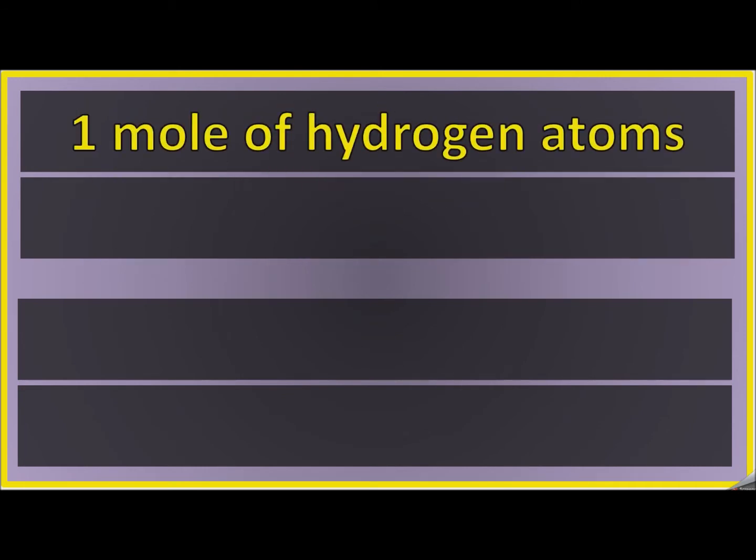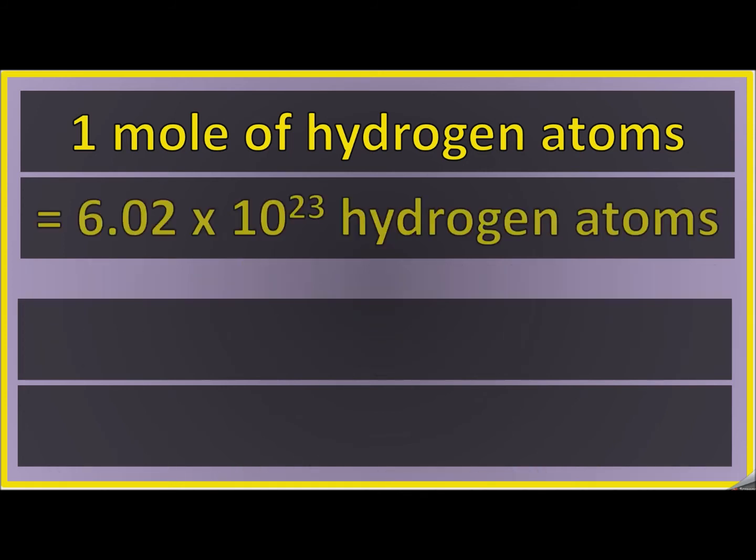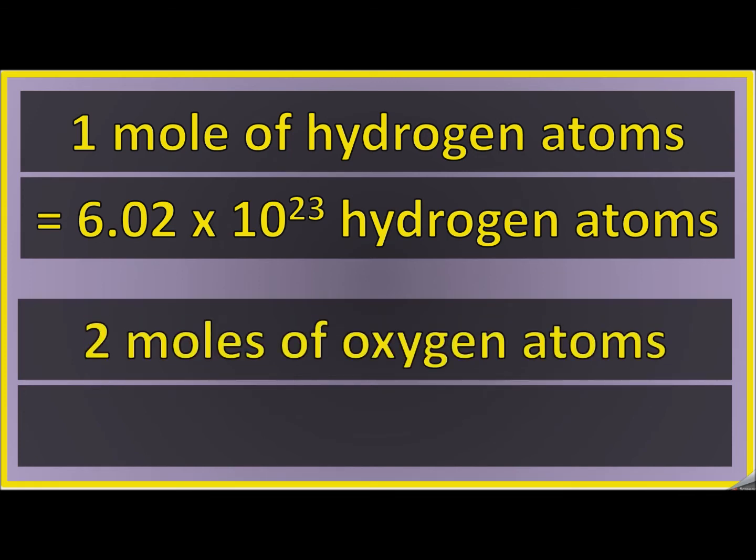Okay? So, ibig sabihin, kapag meron tayong 1 mole of hydrogen atoms, ilang pirasong hydrogen atoms? Ibig sabihin, meron tayong 6.02 times 10 raised to 23 hydrogen atoms. Paano naman kung meron tayong 2 moles of oxygen atoms?